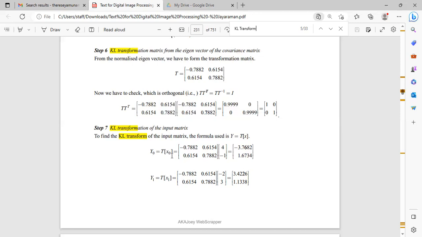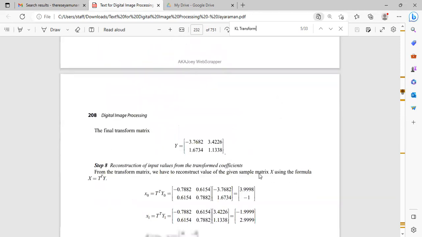So this is the first vector. Either you can transform it by combining x0 and x1 and multiplying it by the kernel, or you can do it separately also. So when you do it separately, first you take the first vector, transformation of x0. This is your transformation matrix. This is your first vector. You get this value. This is the second vector. You get this value. Just see whether it is the same as the input.